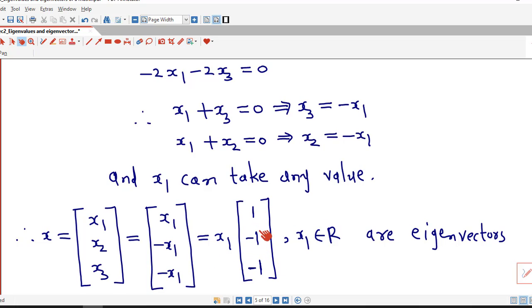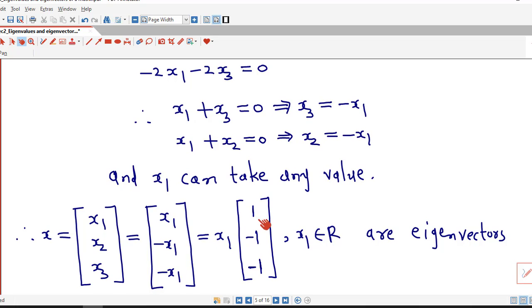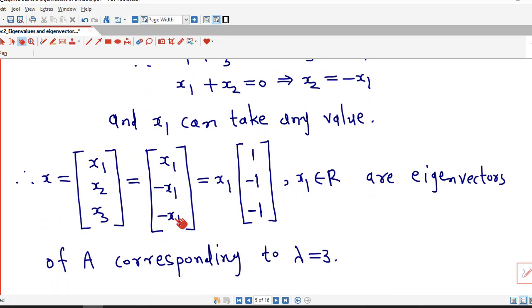So this 1, minus 1, minus 1 is a linearly independent eigenvector corresponding to eigenvalue lambda equal to 3, and all the eigenvectors are multiples of this eigenvector corresponding to lambda equal to 3. So these are the eigenvectors of the given matrix corresponding to lambda equal to 3.